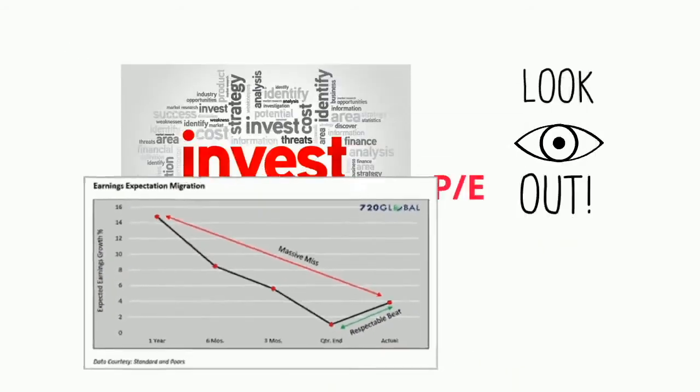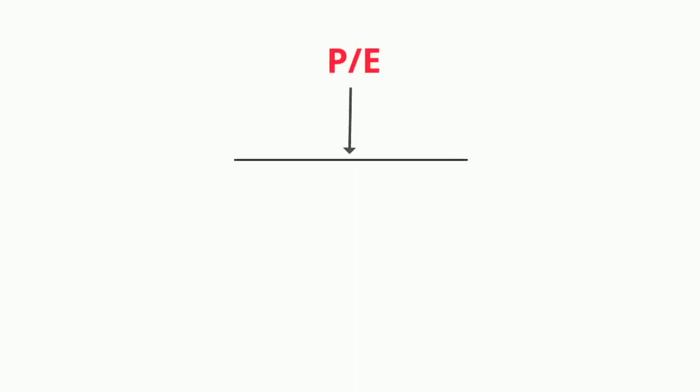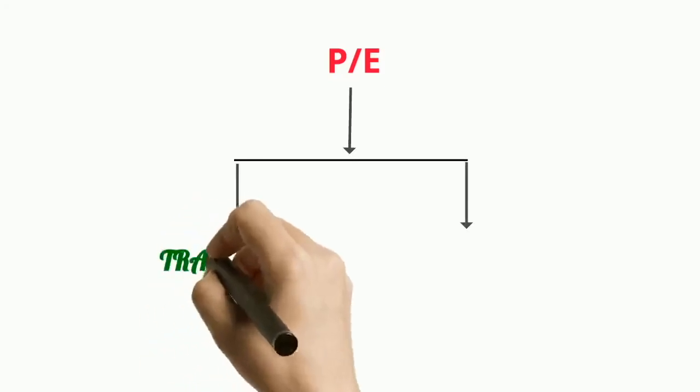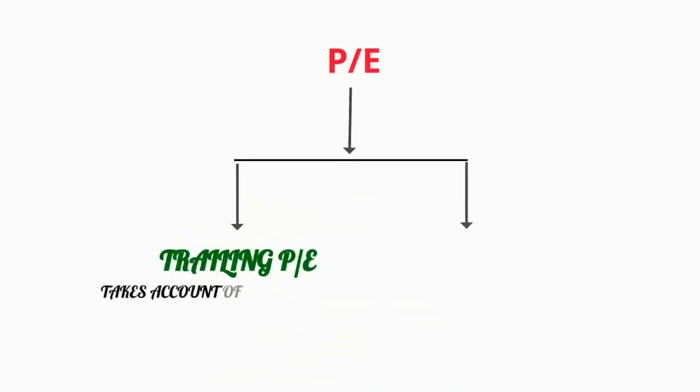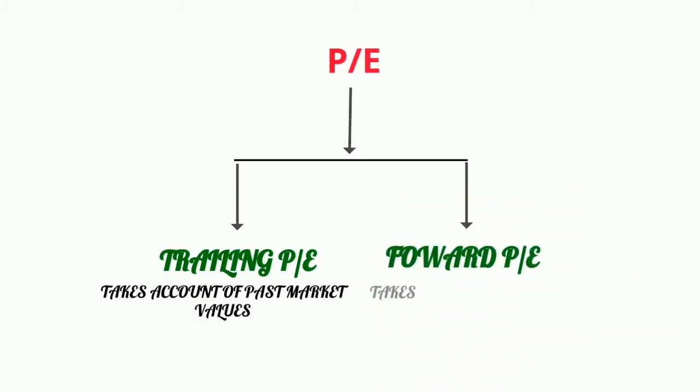its product quality. And there are two different types of PE, that is trailing PE, which takes into account prices in past transactions, that is past month or past year prices. Whereas there is another type of PE, that is forward PE, which takes the estimated amount of share price and calculates the PE.